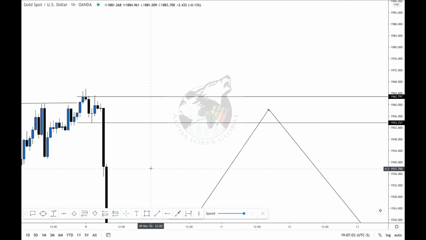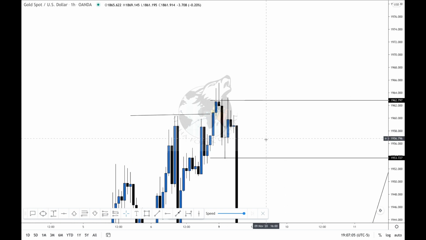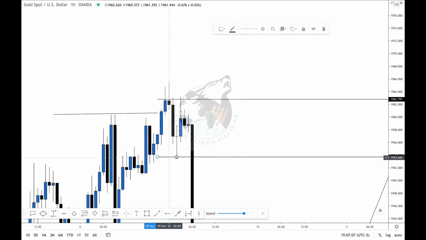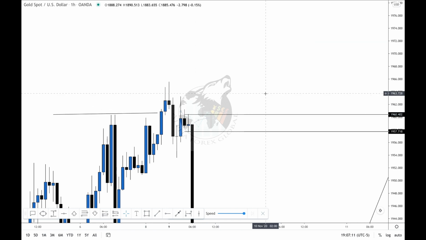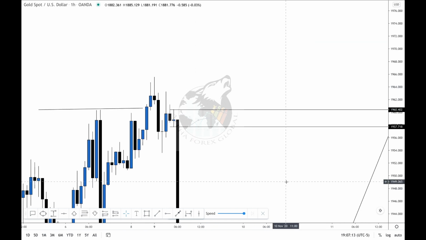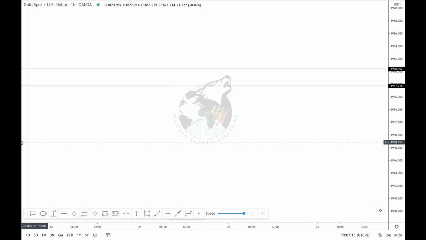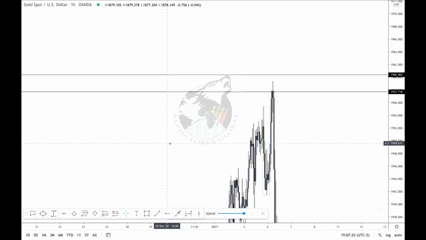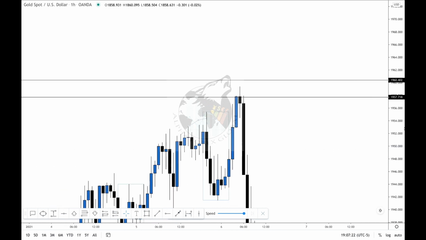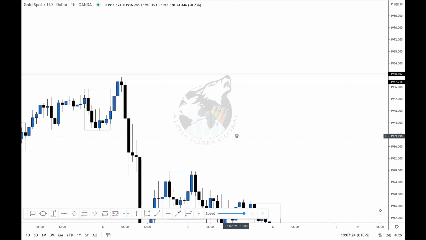On the lower time frame, this is what we see right here. Notice the market just stopped right inside that little area and then pushed to the downside.